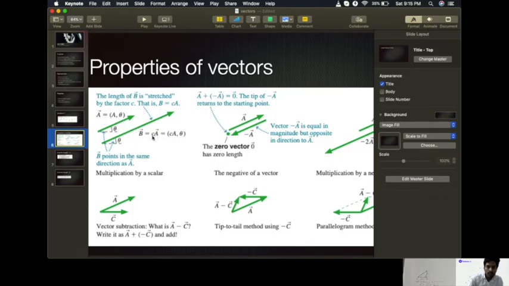If I just multiply it with a quantity C, I have a new vector B bar, which is just C times A bar. Now this tells me that the same vector is just stretched. So in one sense, multiplying a vector by a scalar is permissible. The C here is a scalar, and the new vector would point in the same direction, but it would have a different magnitude. That is called multiplication of a vector by a scalar.